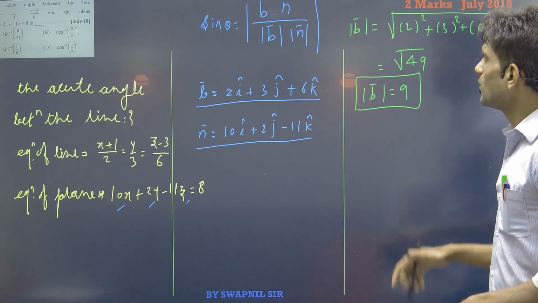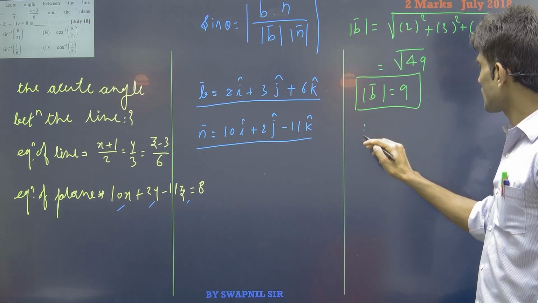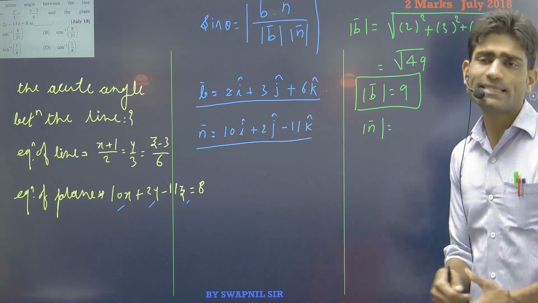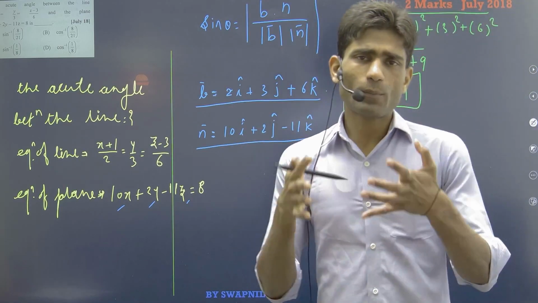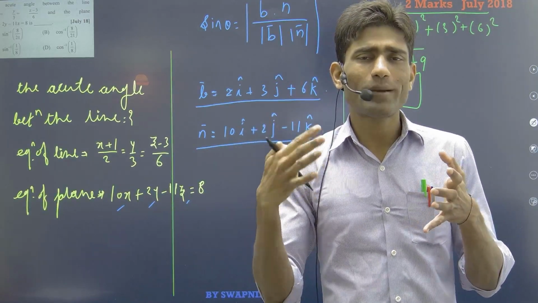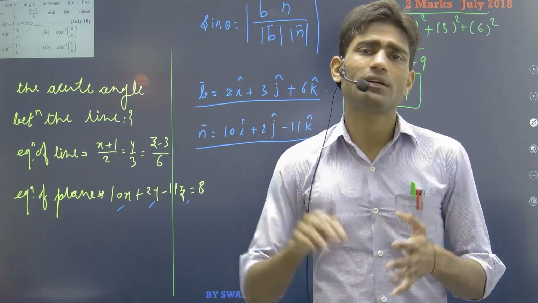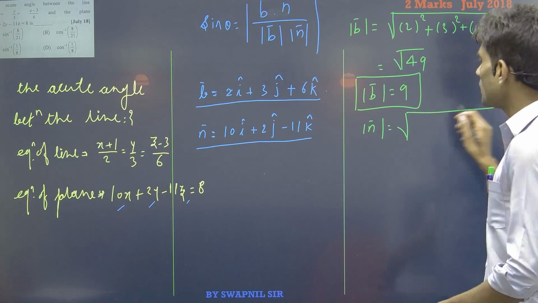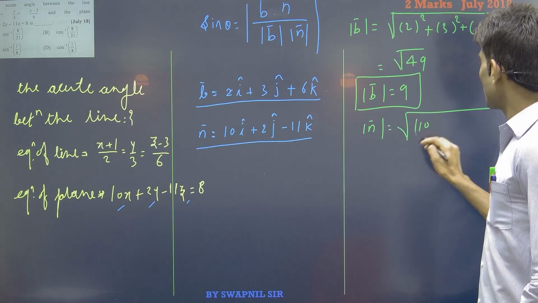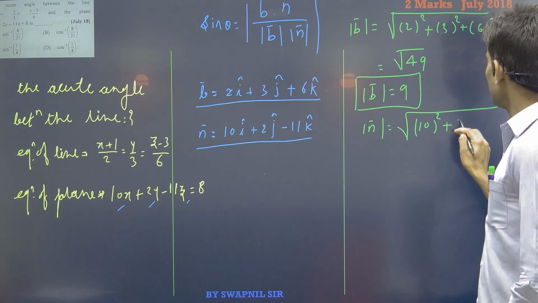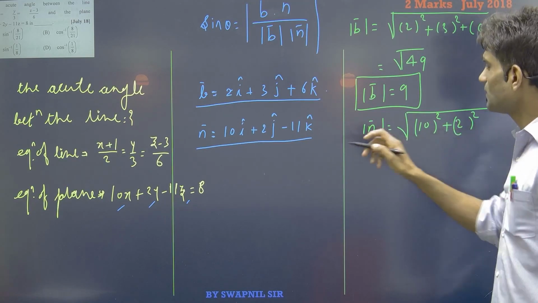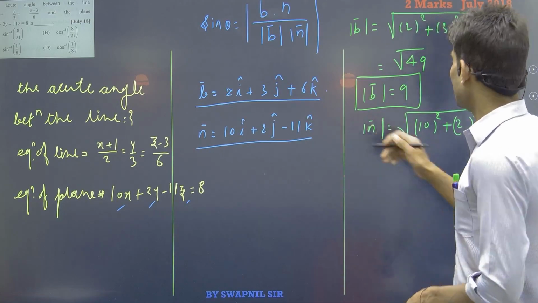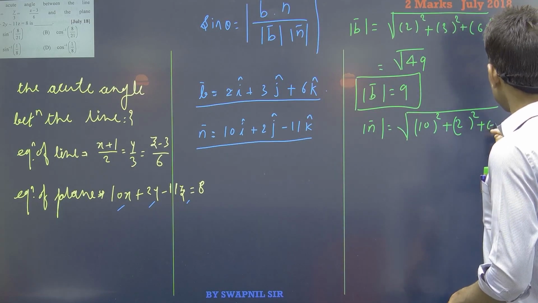Similarly, find the modulus of n bar. So for the modulus of n bar, take the coefficient of i, coefficient of j and coefficient of k, their squares added under square root. So we take under square root 10 square, plus 2 square, since 2 times j is there, then plus minus 11 square.